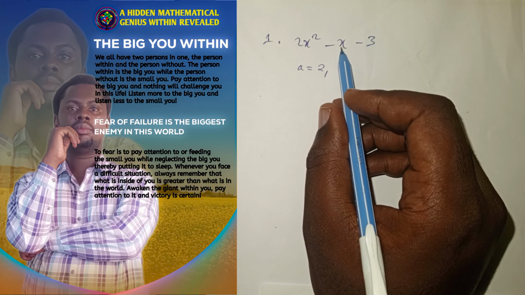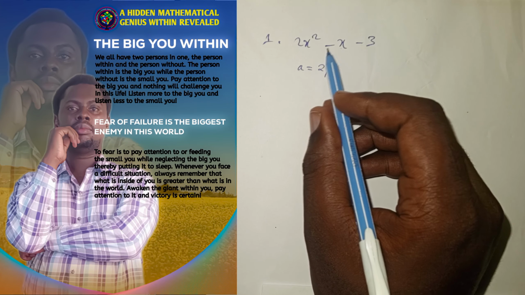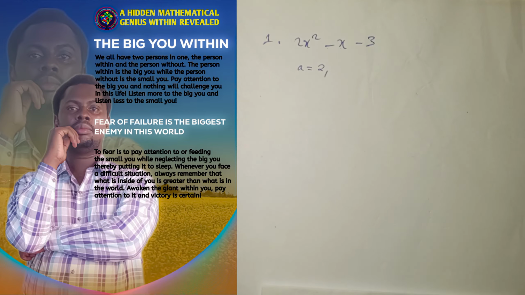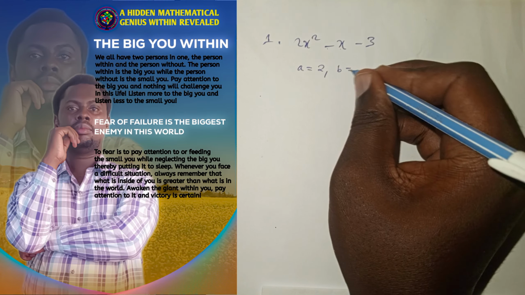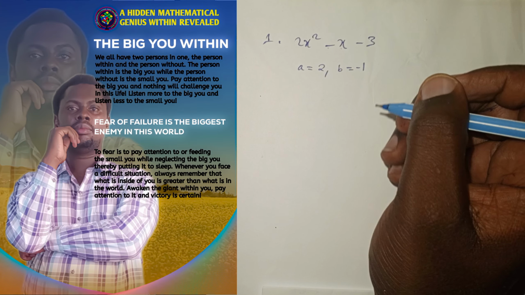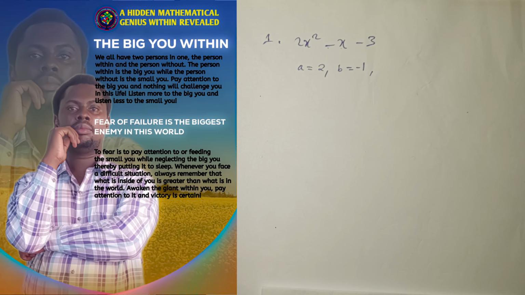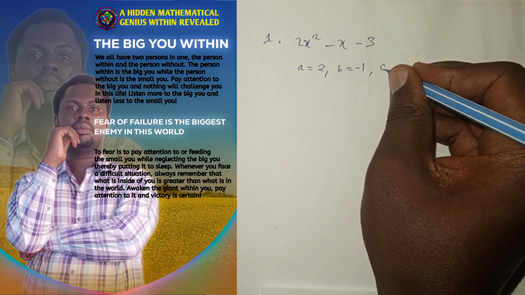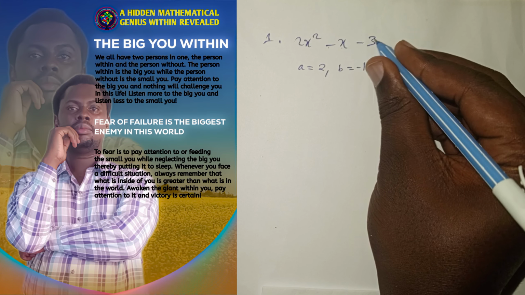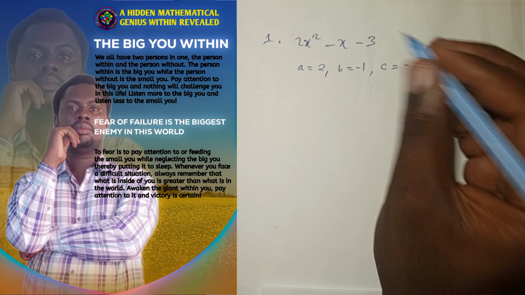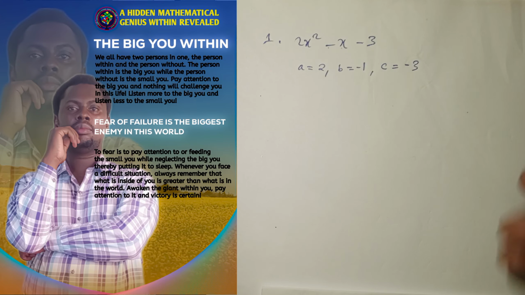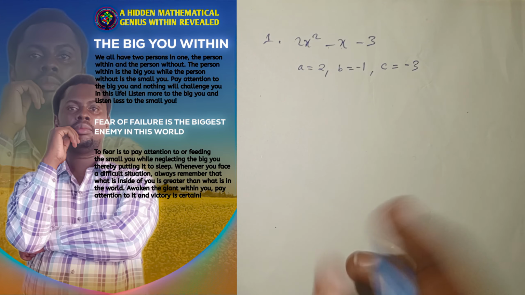This is x, and the number in front is 1, and there's a minus there, so B is negative 1. C is the term independent of x, the term that doesn't have an x or a variable. C is equal to negative 3.